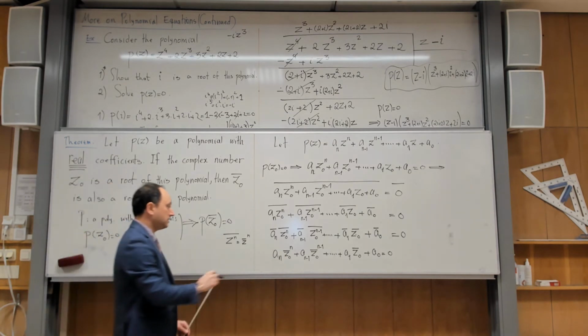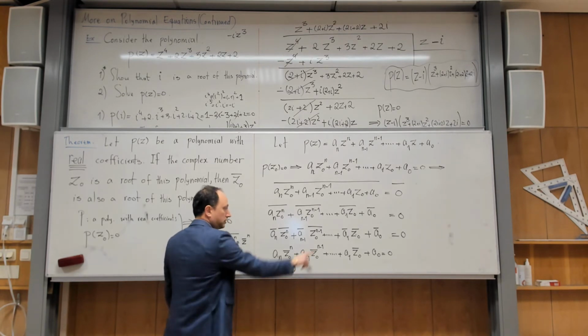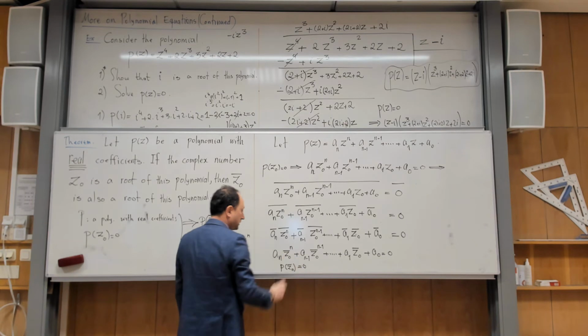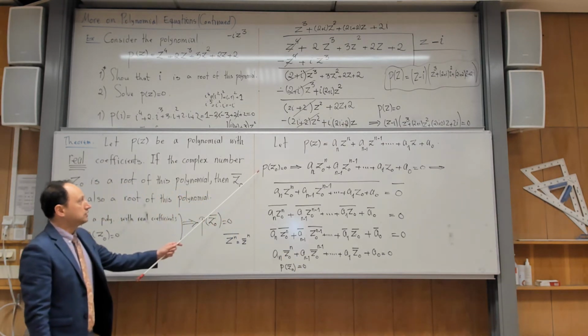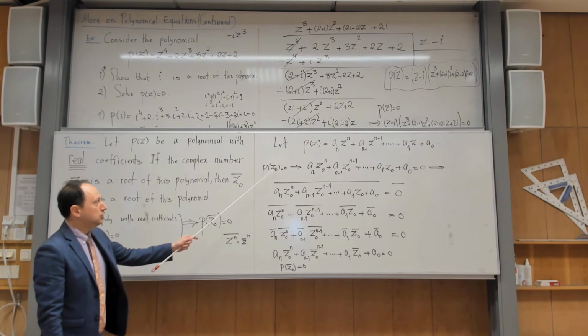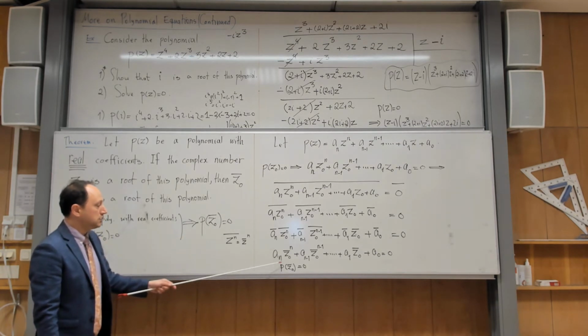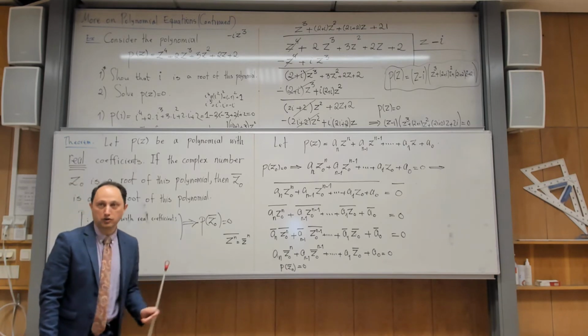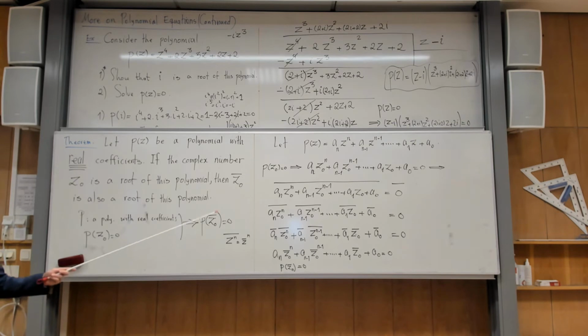So this means that this expression is nothing except p of z node bar. And on the right hand side you have 0. So this is the end of the proof, yes? I started from knowing that p of z node is 0. I was able to show that, in that case, p of z node bar is also 0. Okay? But be careful, this theorem is only true if my coefficients are all real.